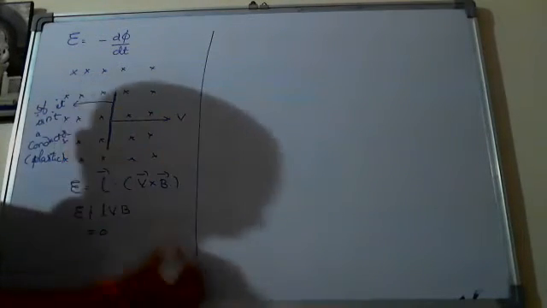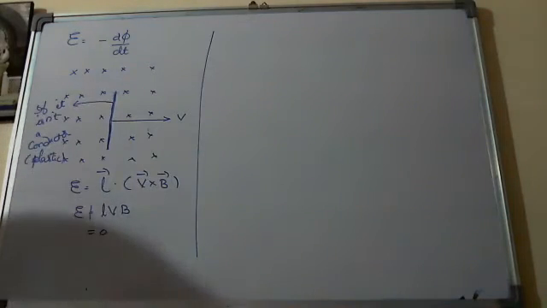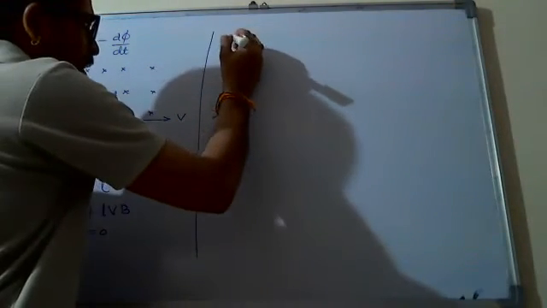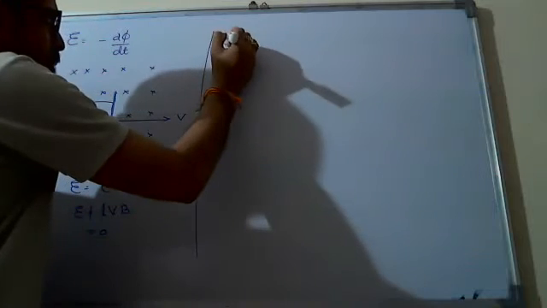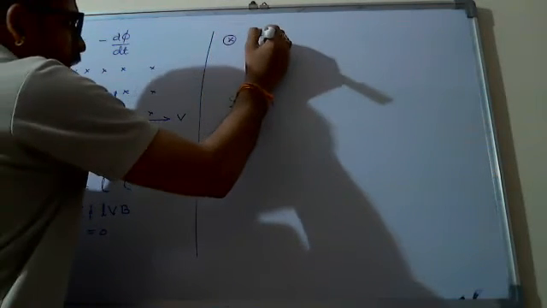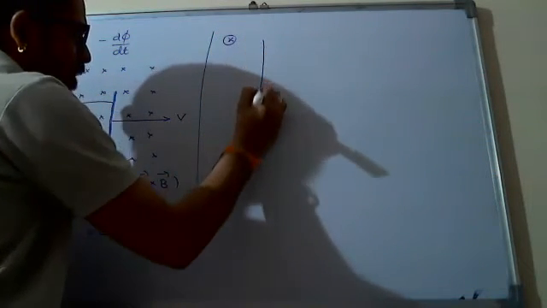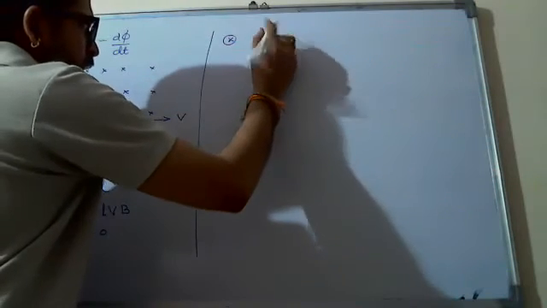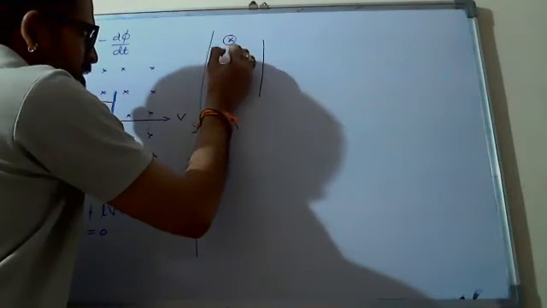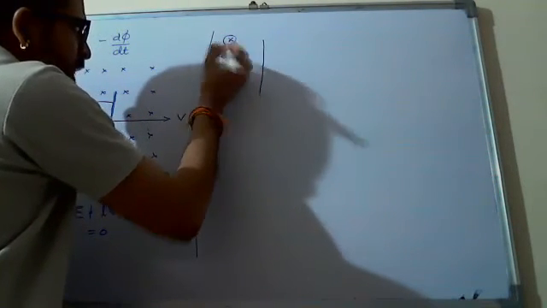Suppose in the same magnetic field, like every time I can't draw the total magnetic field, I am just representing the direction. It is along the negative Z axis.